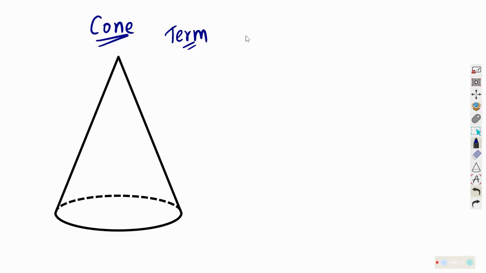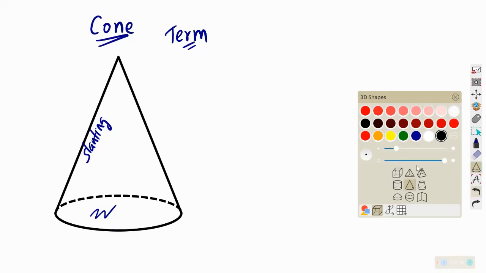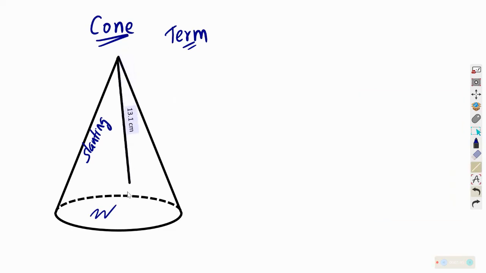Now when it comes to cone, you can see that there is an area here which is circular again, and this is something slanting, it is not straight like height. A cone also has to have its height. If you are thinking about height of a cone, then you should think about this particular distance from here to here, correct?